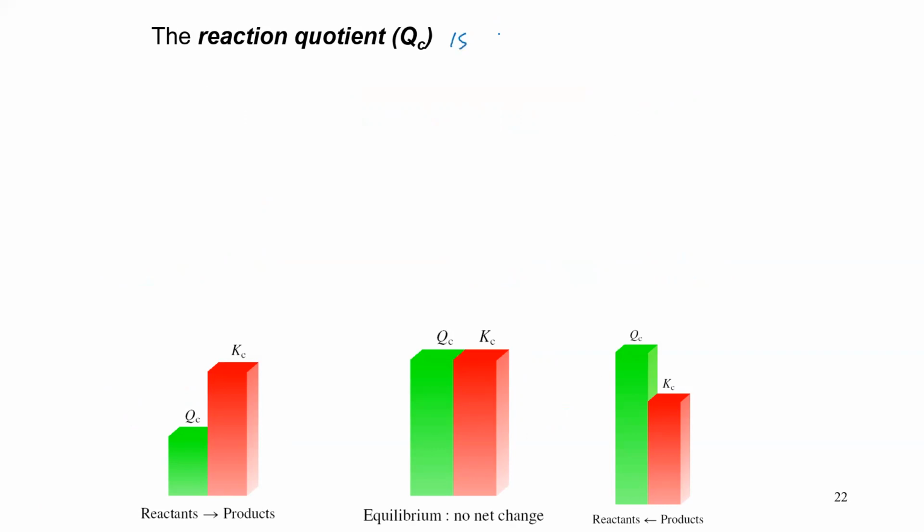This reaction quotient is calculated just like K, but it doesn't have to be at equilibrium, right? The key with K is that it's the equilibrium constant.